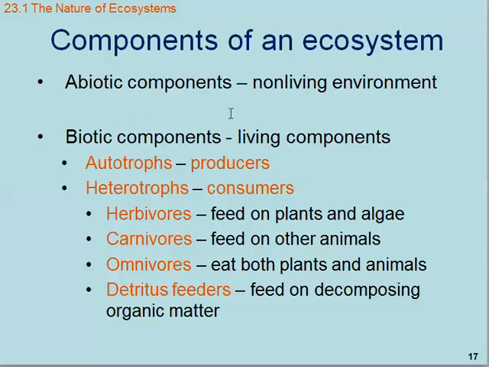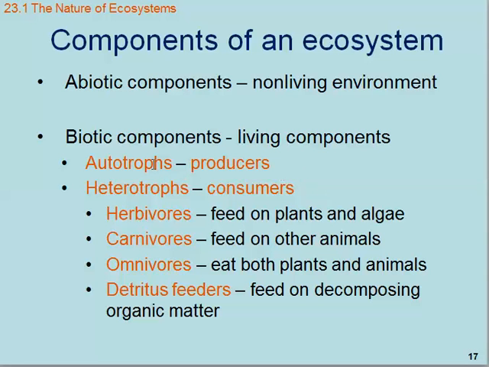So the components of an ecosystem, again, there are abiotic components, the non-living environment, for example, the mixture of gases we call air, light, water, rocks and minerals, and the biotic components, the living components. We specify different kinds of biotic components by looking at where they are in the food chain.